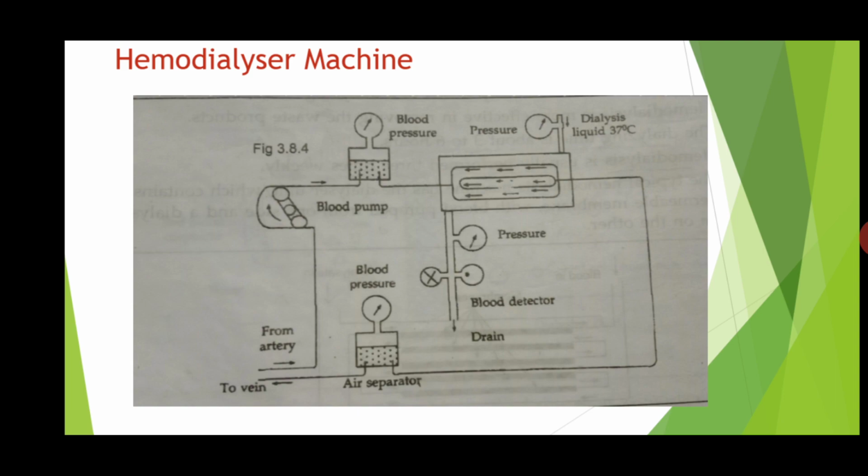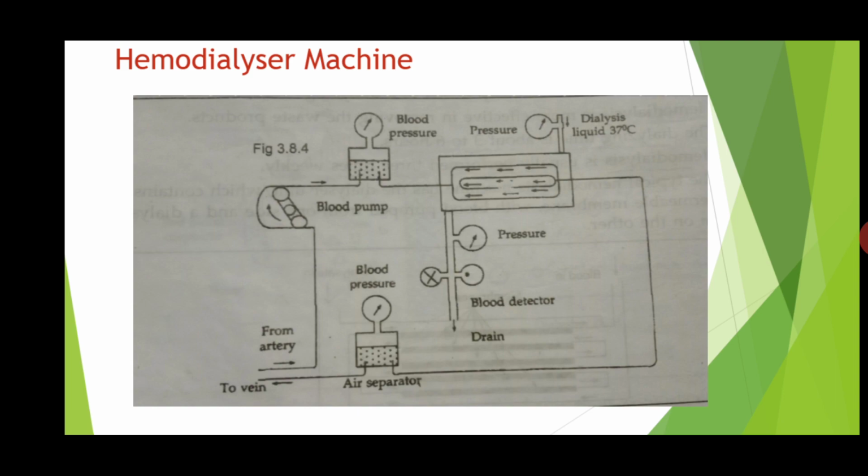If suppose any one of the sheets or membranes has a rupture, because of that rupture some blood is mixed into the electrolyte solution. So that quantity of blood is detected in the electrolyte solution, and it gives the indication that there is a rupture in the membrane. So we can replace that sheet.